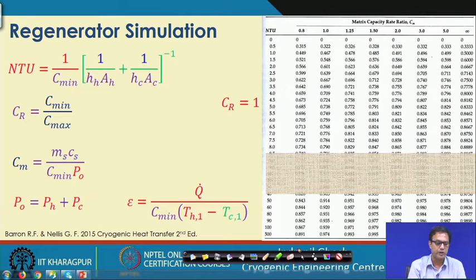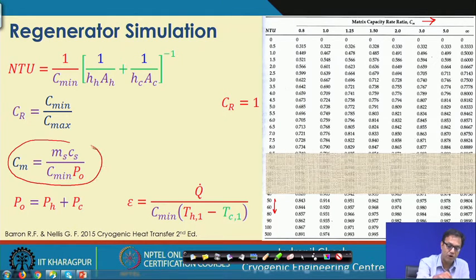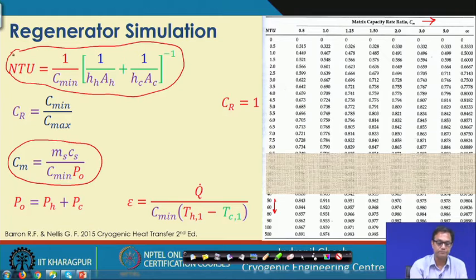Now, in this context I would like to mention that if we are looking for a high regenerator effectiveness value, we not only need a high NTU value, we also need a high value of the matrix capacity rate ratio. So, that means we need a high value of this CM, and we also need a high value of this NTU.